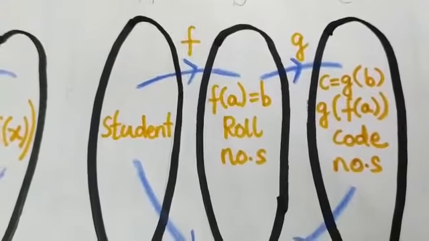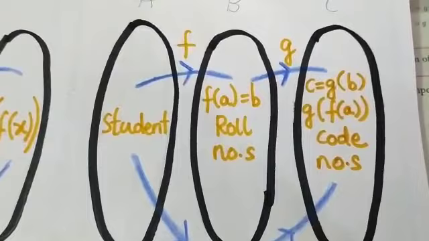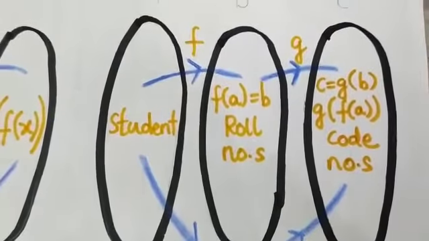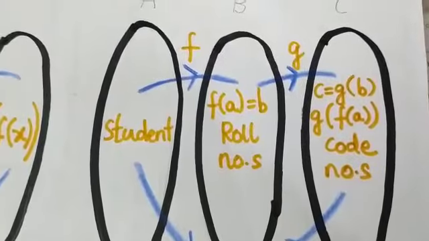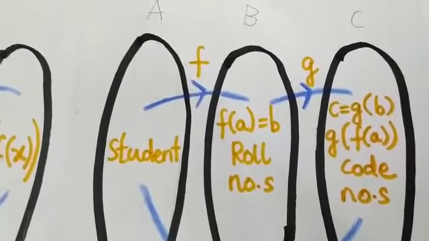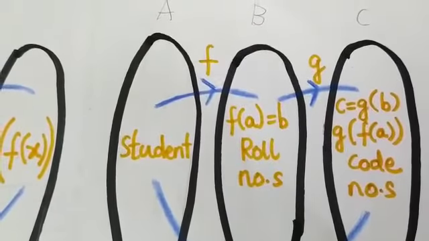Let A be the set of all students appearing for the board exam, B the set of all roll numbers, a subset of natural numbers, and C the set of all code numbers, also a subset of natural numbers.